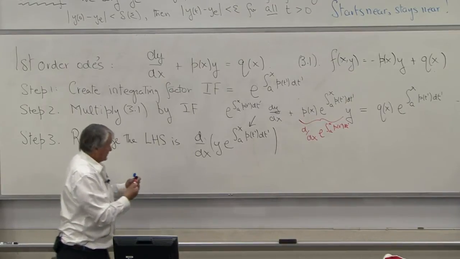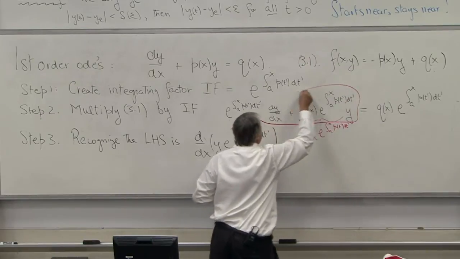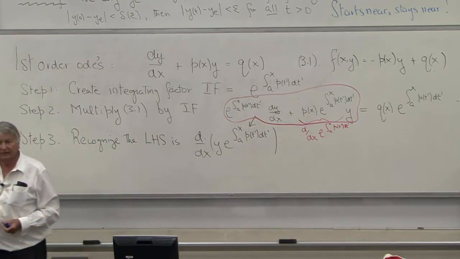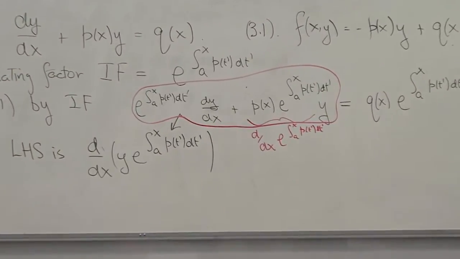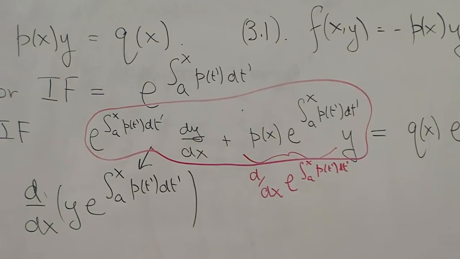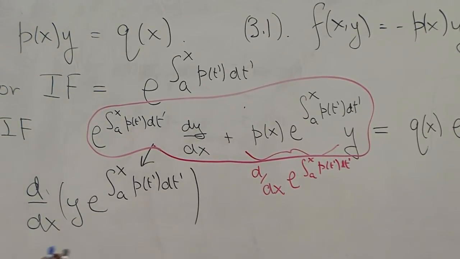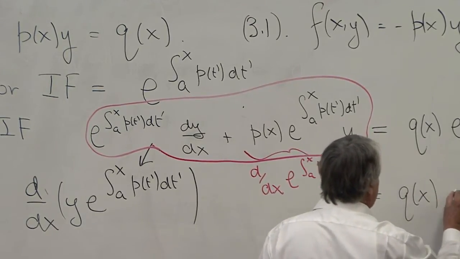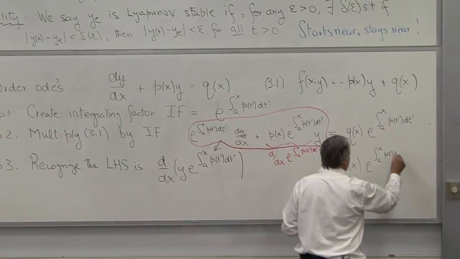Let me just emphasize that by ringing them both. All of this, that's just by the product rule. It's just the d by dx, the perfect derivative of y times the integrating factor. And that's equal to something known, which is this: q of x e to the a to x p of t prime dt prime.